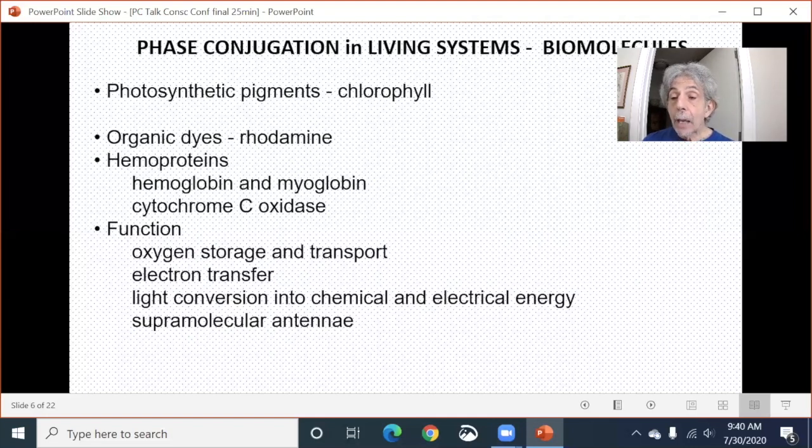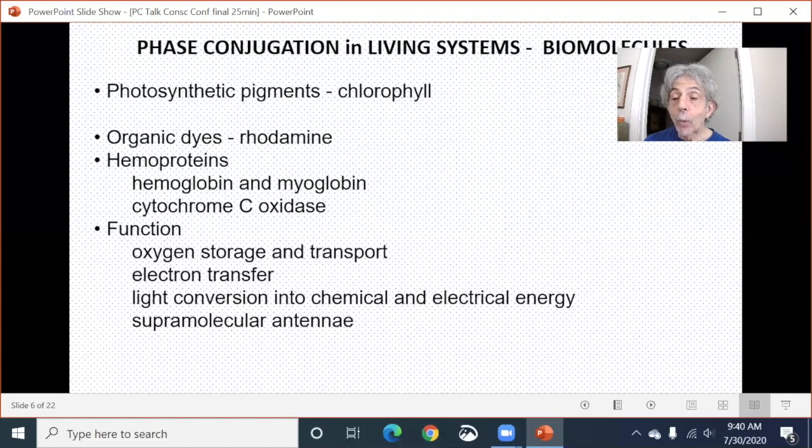So they figured that the function of phase conjugation had something to do with oxygen storage and oxygen transport. In light of the hemoglobin story, it has to do with electron transfer. That applies to all biochemical processes. And in essence, in reference to photosynthesis, it converts light into electricity. Those are the common ones.